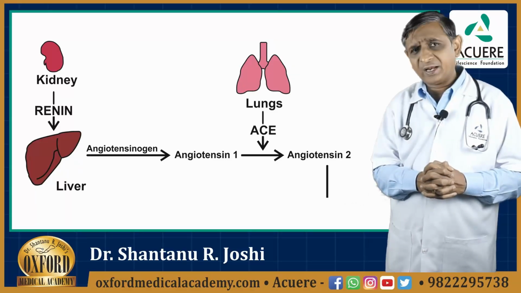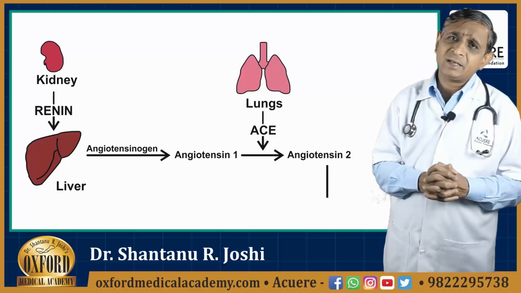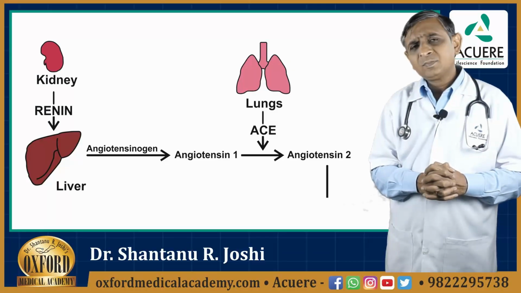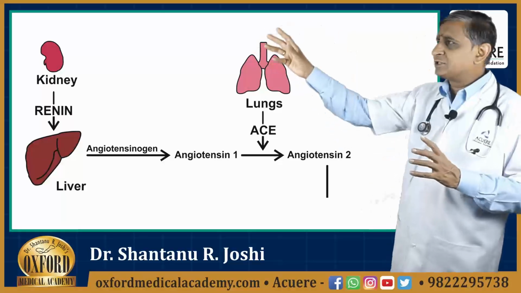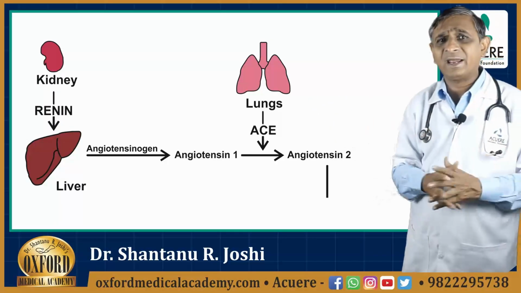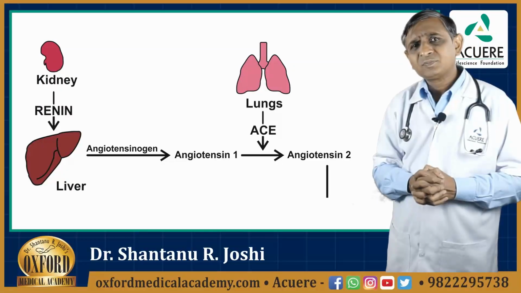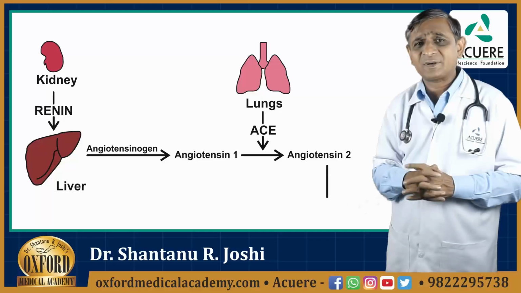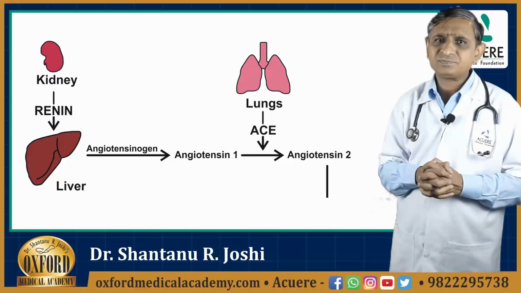It plays a very crucial role in the development of hypertension. The conversion of angiotensin 1 into angiotensin 2 is governed by an enzyme known as angiotensin converting enzyme. It is present in the lungs.